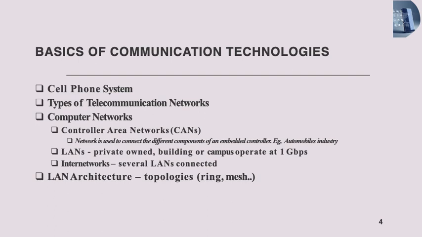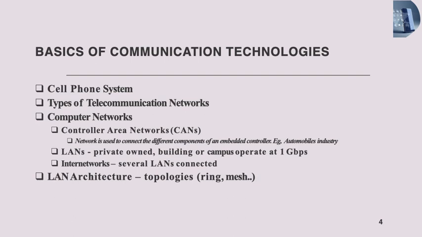Computer networks, for example ARPANET, Ethernet, Internet, and wireless networks, are all considered telecommunication networks. Then some other networks like public switched telephone networks or PSTN, you might have heard about this, and packet switched network, radio network, etc.